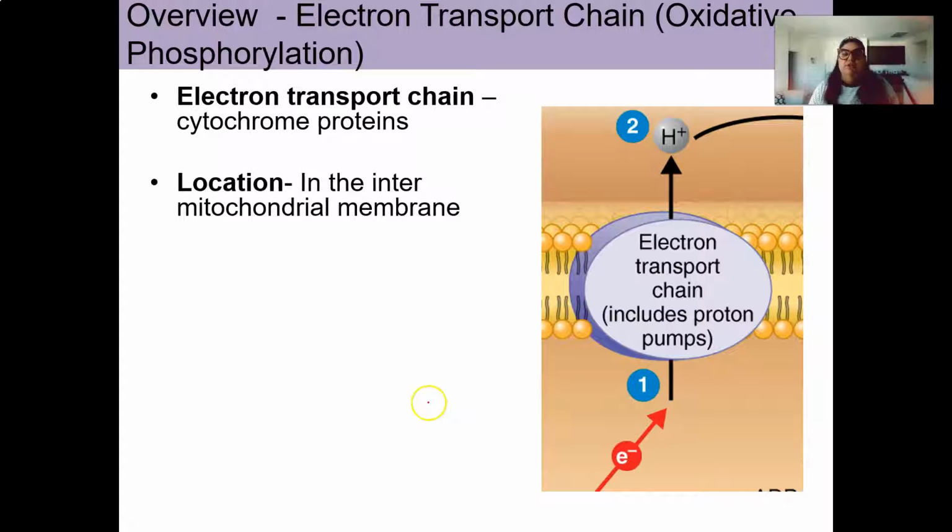Okay, so the electron transport chain contains cytochrome proteins. There are several complexes in there that make a chain that transports electrons. The location of it is in the inner mitochondrial membrane. So in that little intermembrane space, not the outer membrane.